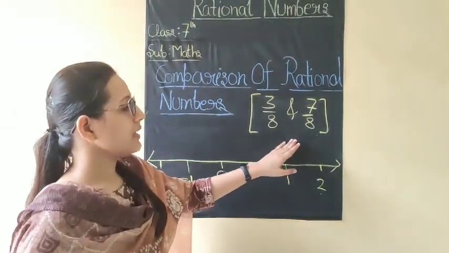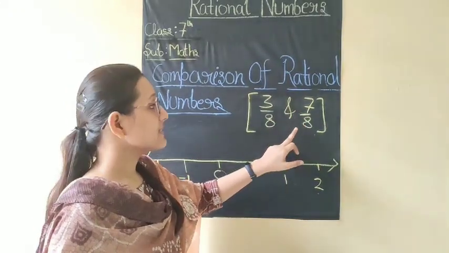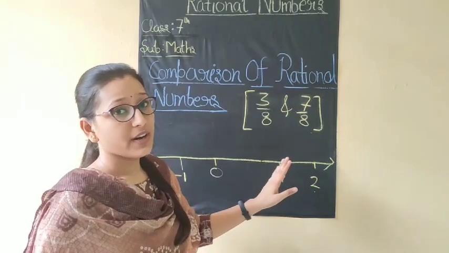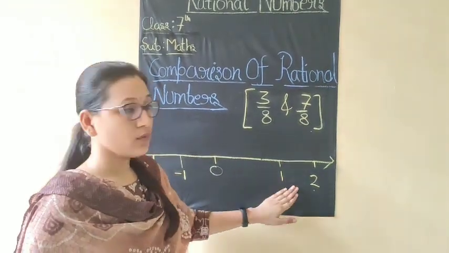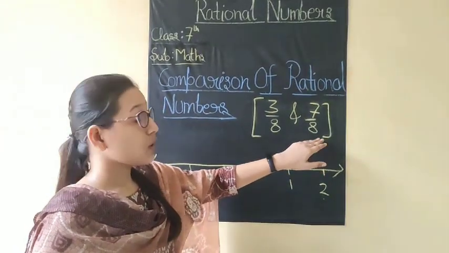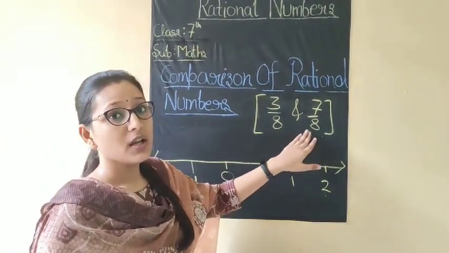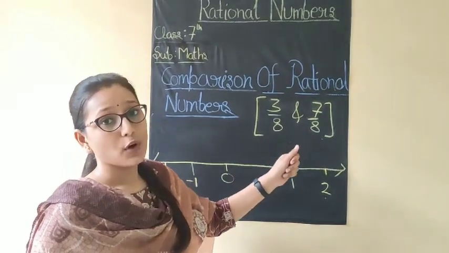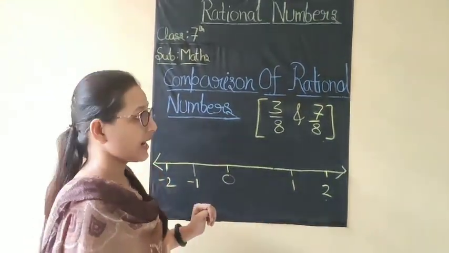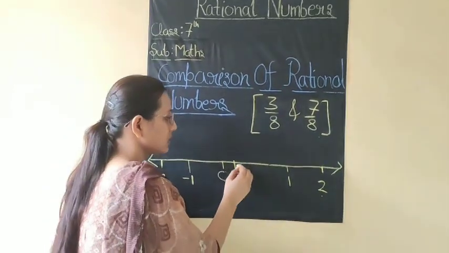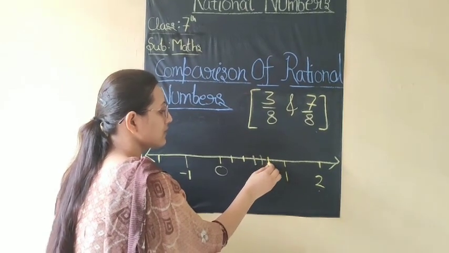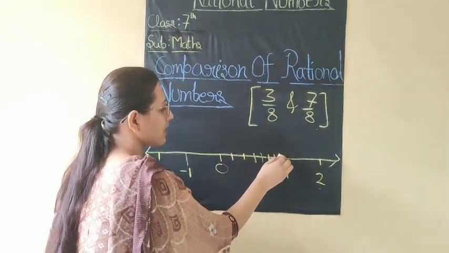So we know that if the numerator is smaller than the denominator, then the rational number will lie between 0 and 1. So there are 8 equal parts, because the denominator tells us the number of equal parts. So we have to divide this into 8 equal parts. So let us divide it: 1, 2, 3, 4, 5, 6, 7 and 8.